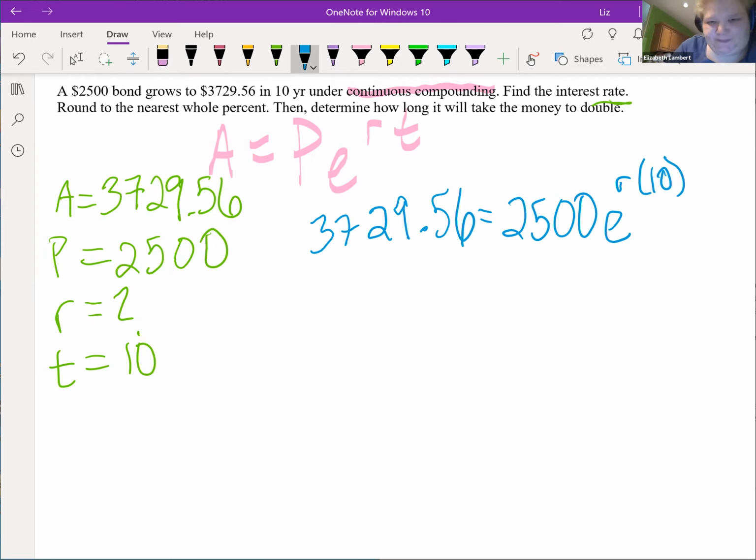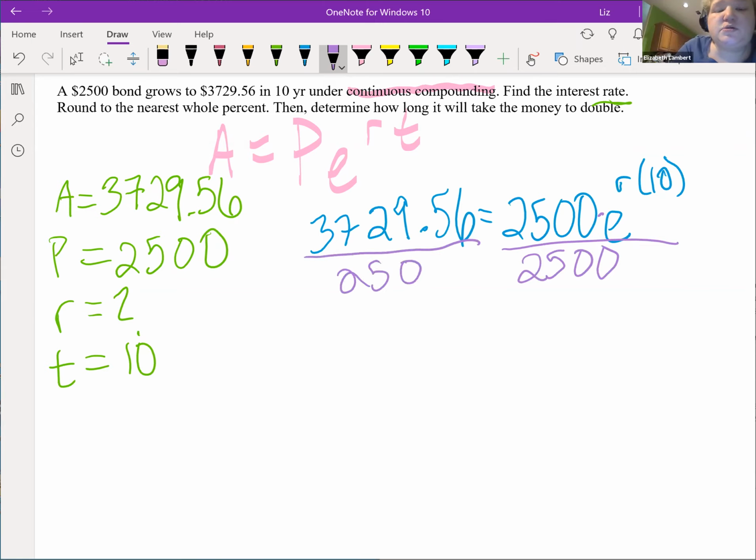All right. The first step here is, I want to get at the R. So eventually I'm going to have to get rid of that 10. But before the 10, I have to get rid of the E. And before I can even deal with the E, I've got to get rid of the 2,500. The 2,500 is attached by multiplication, so we are going to get rid of it using the inverse operation, division, on both sides of the equation.